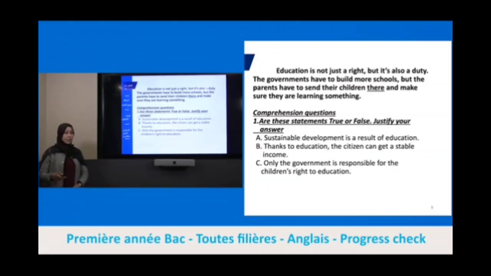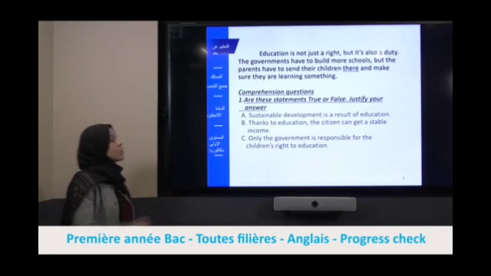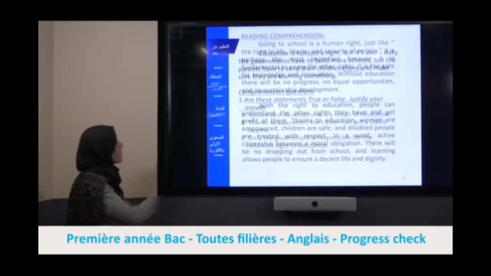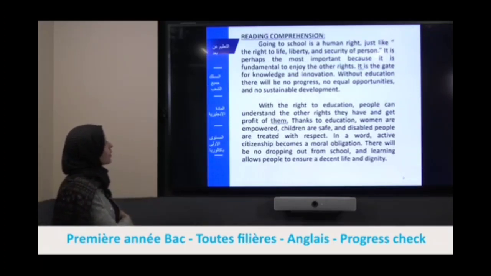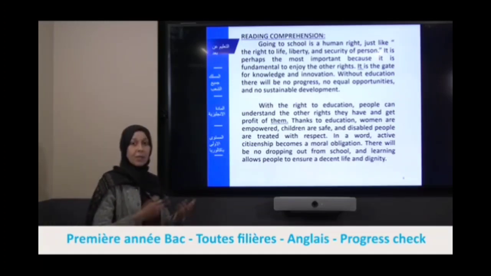We correct together. So here, for A, sustainable development is the result of education. This is true, because if you go back to the text, what do you have? You have here, without education, there will be no progress, no equal opportunities, and no sustainable development.